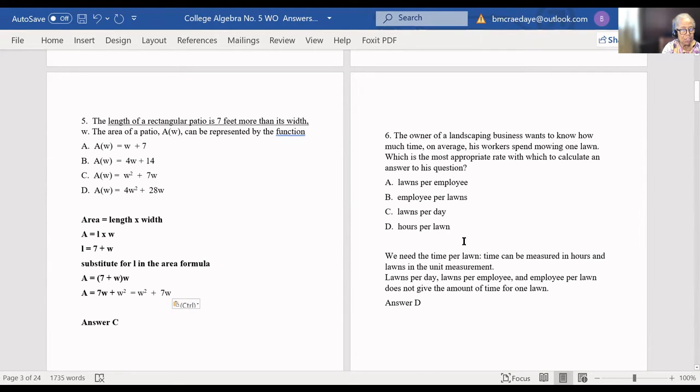Now, the rate should be time spent per lawn. Now, A is lawns per employee, B is employee per lawn, C is lawns per day. The only one that has a rate of time spent per lawn or time spent on a lawn is D. So the answer is D.